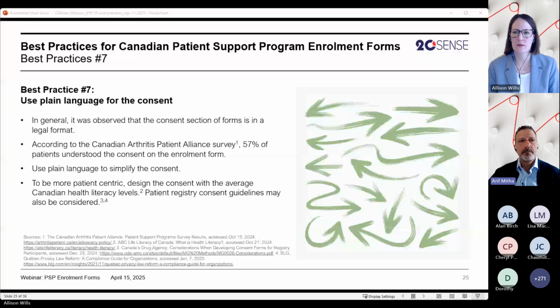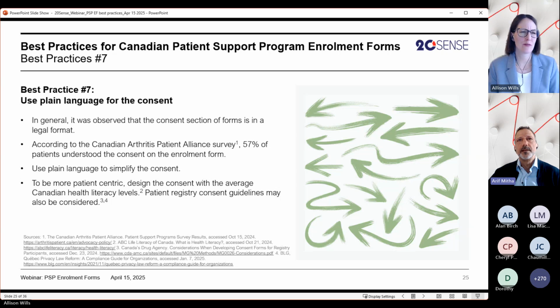Not all of them, but for sure all of them were reviewed by a lawyer, and some were quite legalized. We're partway through this other project, and some consents, although one page, have double the words in a tiny font compared to another consent, and cover what appeared to be the same information. We thought there was a huge opportunity, the whole group, in using plain language so that patients understand what they're signing.